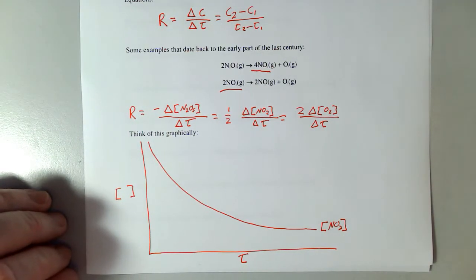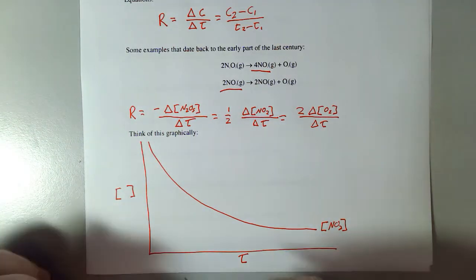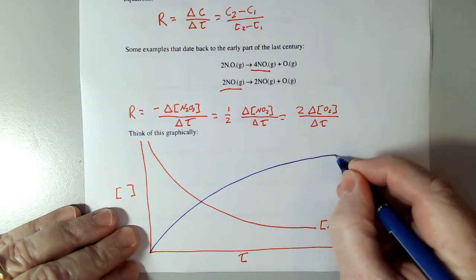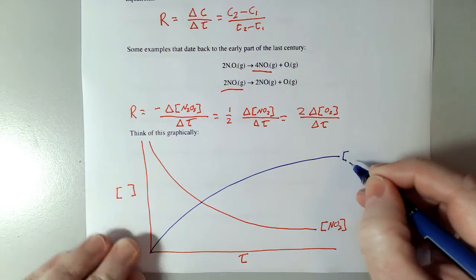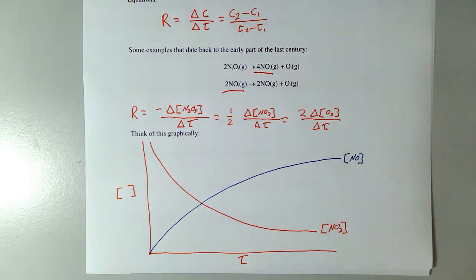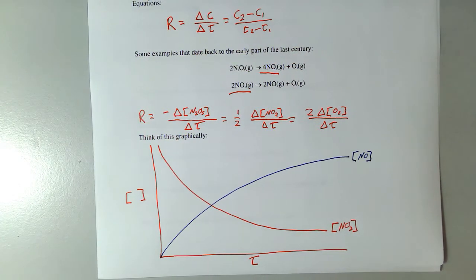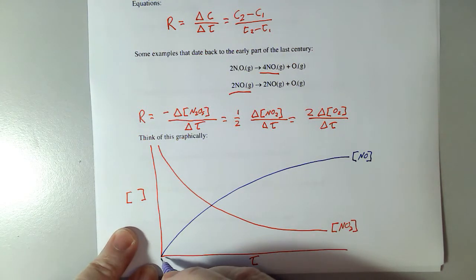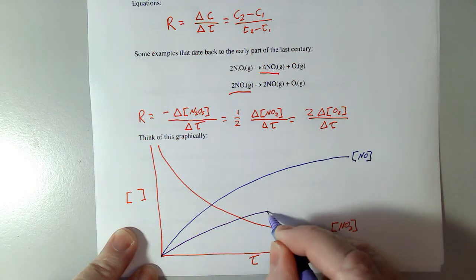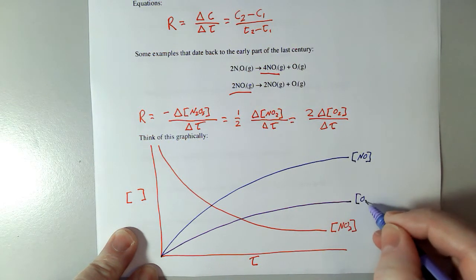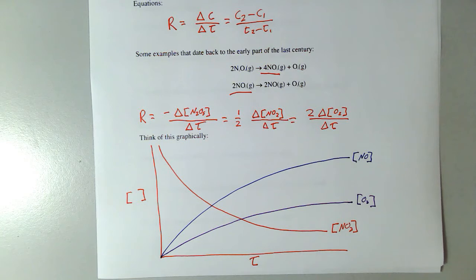Okay? Now, I'm going to draw another line here. Goes up like that. That is going to be the concentration of NO. It's being produced, so positive goes up. And a third line here, trying to make it about half the height of that other one, that's going to be the concentration of O2.